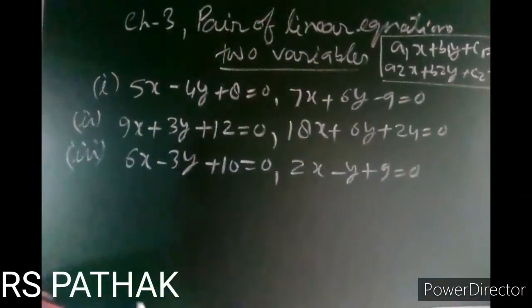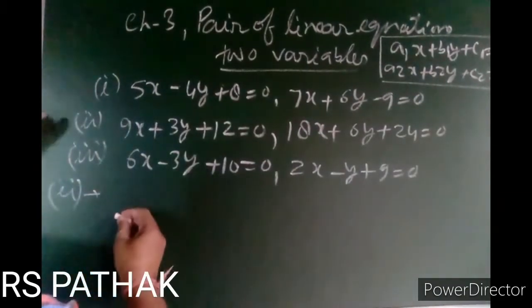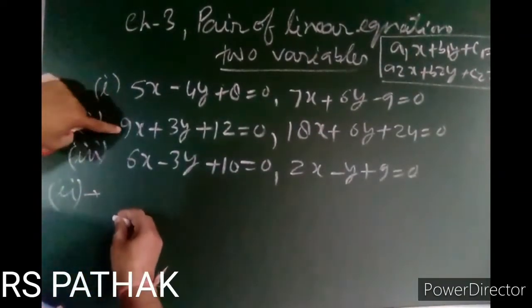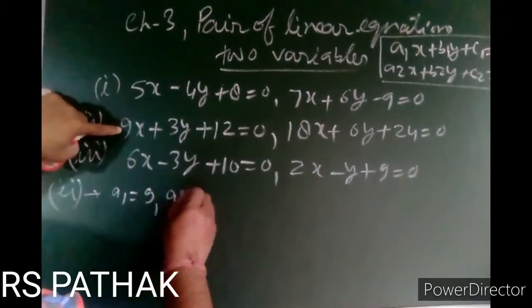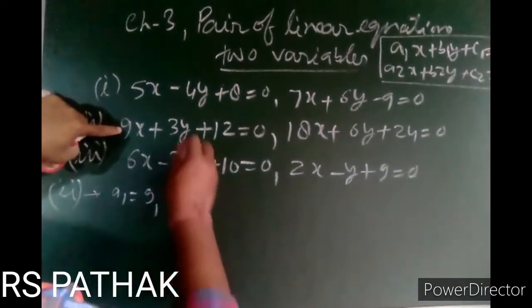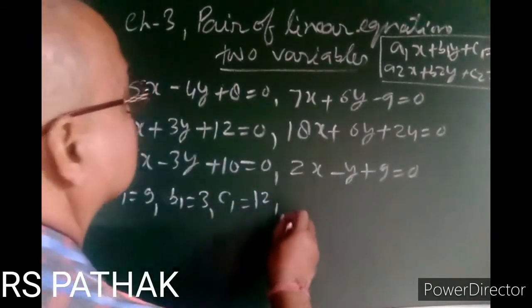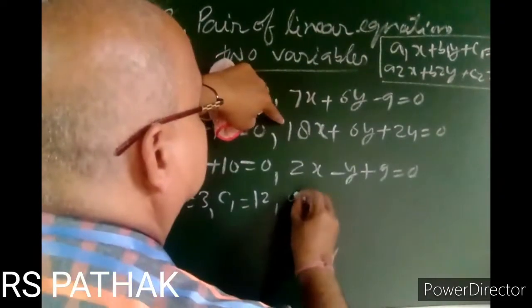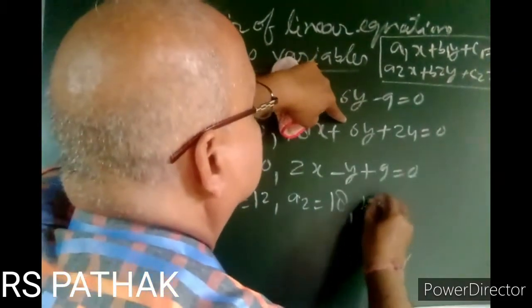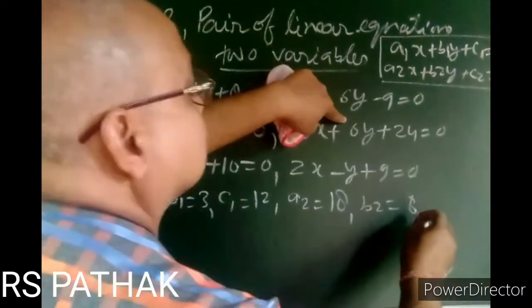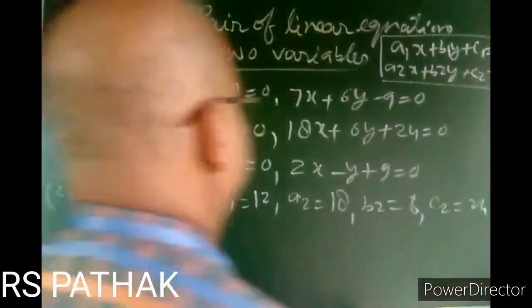Now I am solving part 2. A1 means 9, B1 means 3, C1 means 12, A2 means 18, B2 means 6 and C2 is 24.